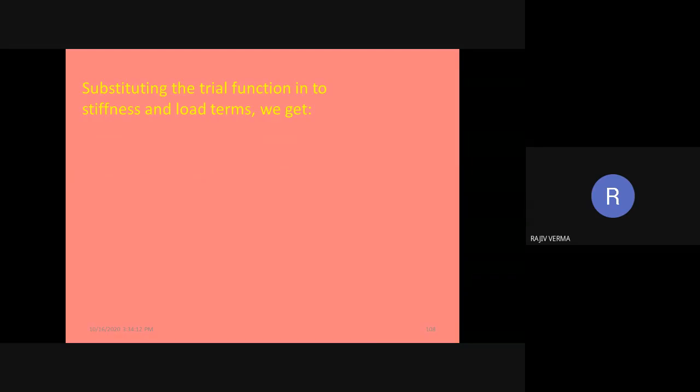Now, substituting the trial functions into the stiffness and the load terms, we get these expressions. Obviously, these expressions have been derived earlier, but they have been placed over here just for the sake of continuity.